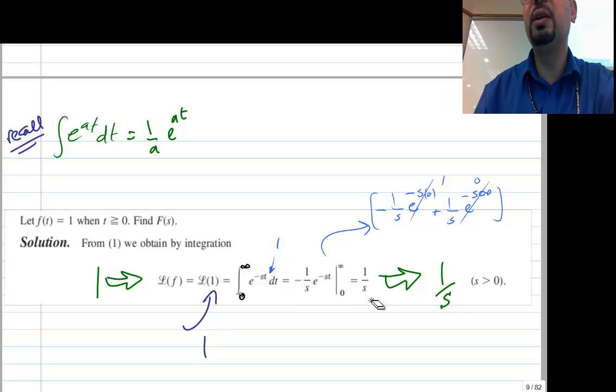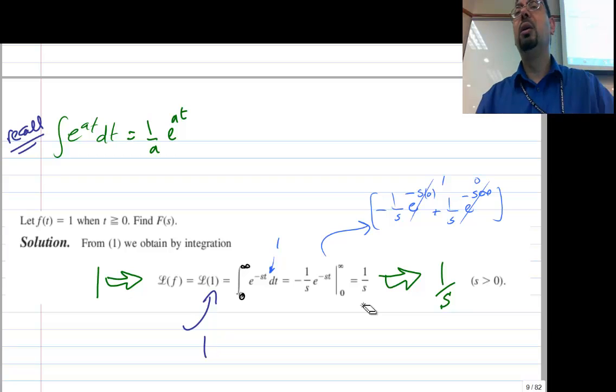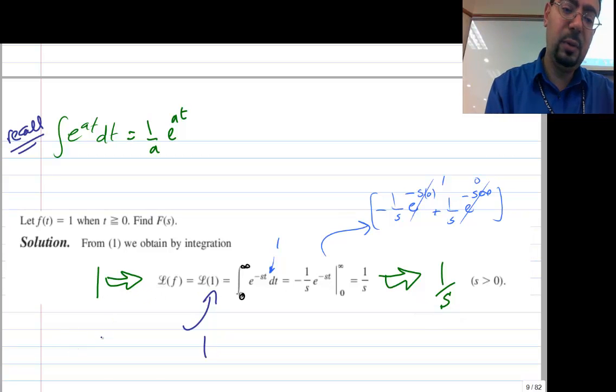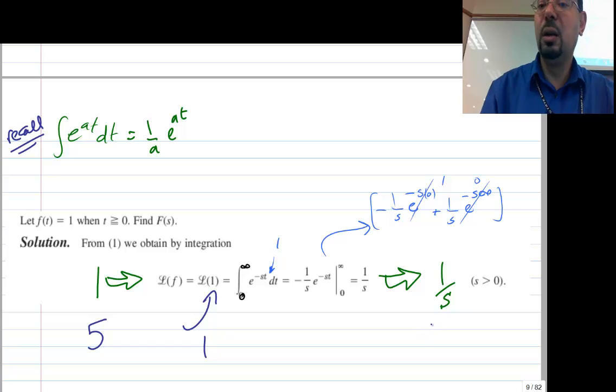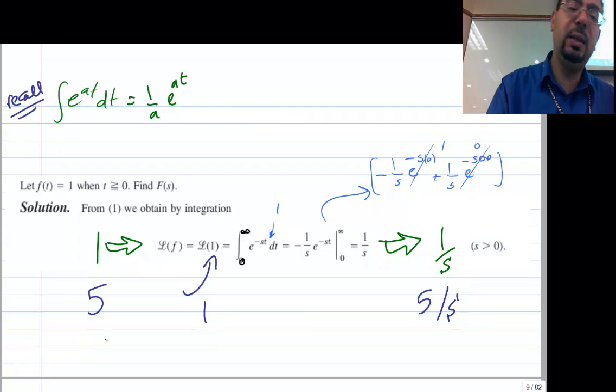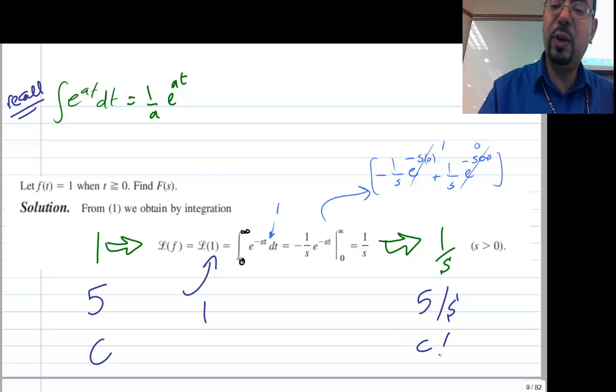So anyway, you get 1 over s. So this is the last time you're going to do this integration. Now anytime you see 1, it's 1 over s. 5, of course, because the 5 will just be outside. It doesn't really go into the integration. So basically any c will end up being c over s.